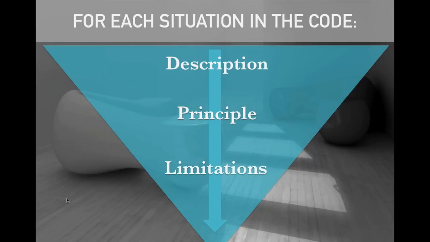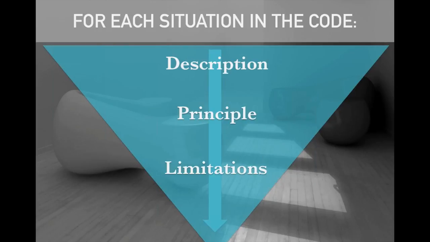Now, in a moment, we'll show you the pages of the code that deal with the situations that are our topic for today. But before we do, I want to point out that in each of the sections of the code, the 5 sections of which 2 are under consideration today, the same structure is present.